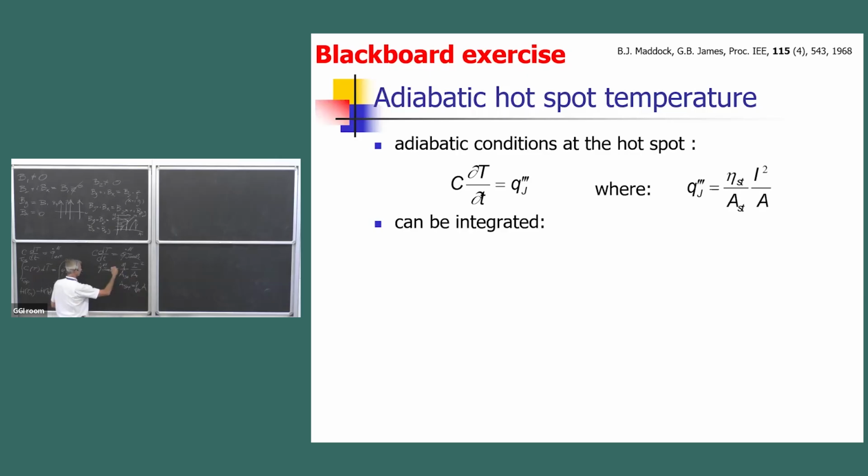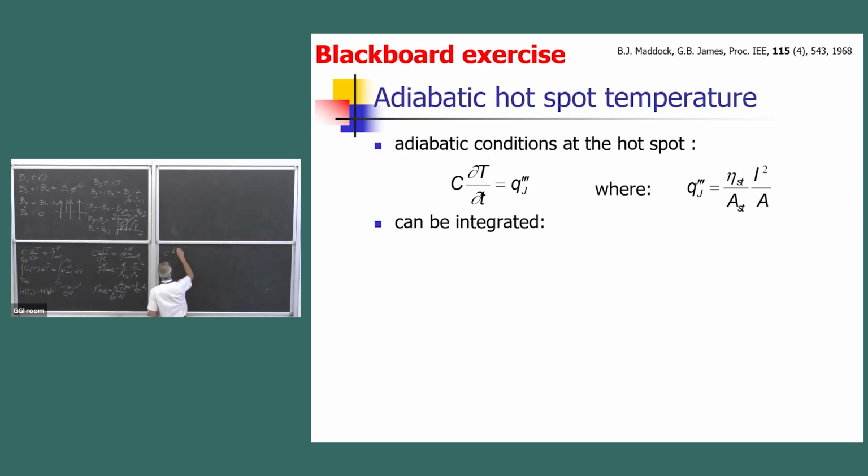If I do that, what I get is that the Joule heat is equal to the resistivity divided by the fraction of the stabilizer times the current square divided by the cross-section square, okay? And that current square divided by the cross-section square is the current density square, okay? It's very convenient.